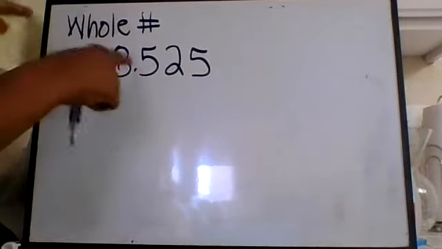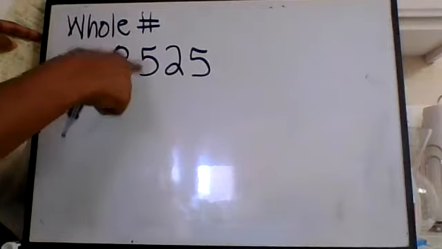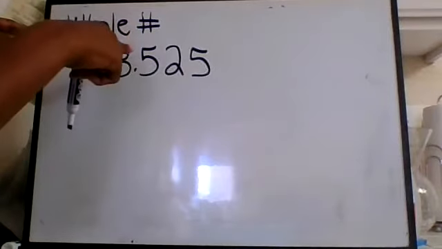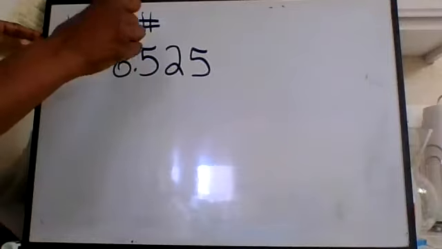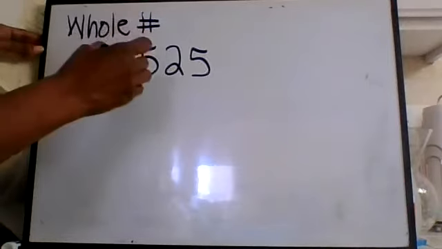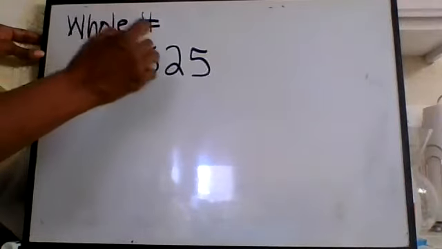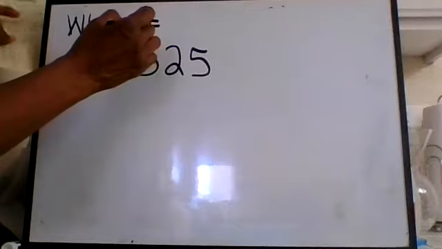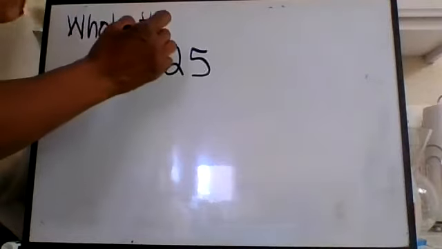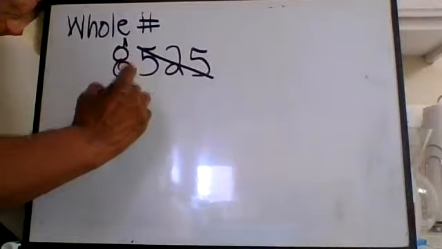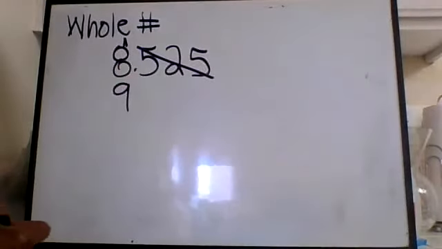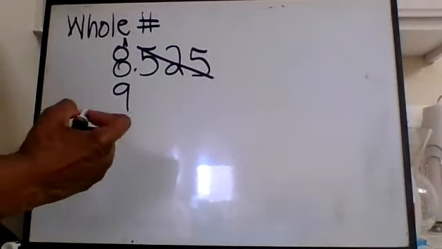So the number to the right is 5 or higher. When that's the case, we add 1, we round up, right? So we'll add 1 here, and all of these numbers will drop off. We add 1 here, it becomes 9. Simple as that.